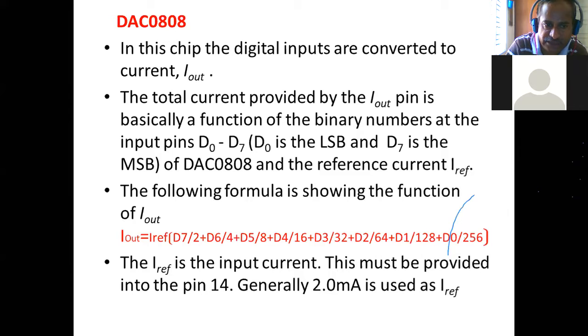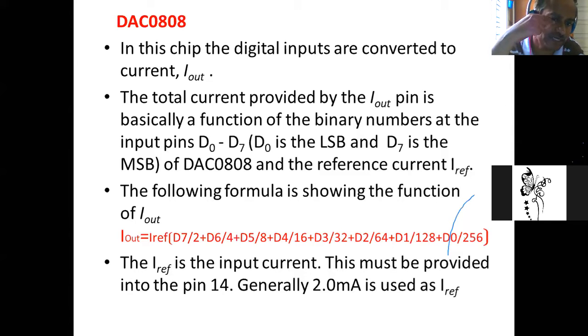Output current is equal to I reference, a constant current supplied by VCC and the reference resistor, usually set equal to 2 milliamperes, into D7 by 2 plus D6 by 4 plus D5 by 8 plus D4 by 16 plus D3 by 32, like this, finally D0 by 256, where 256 is equal to 2 to the power 8.